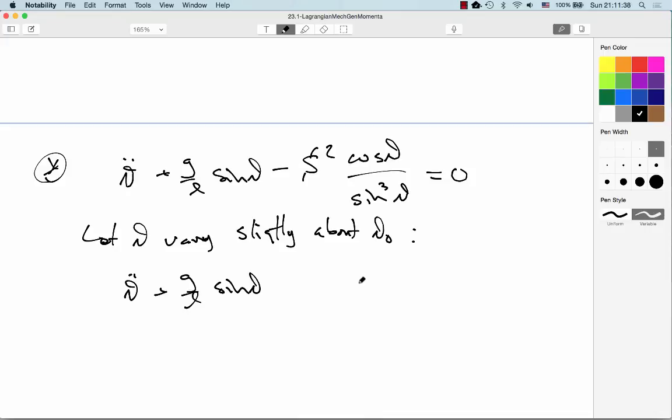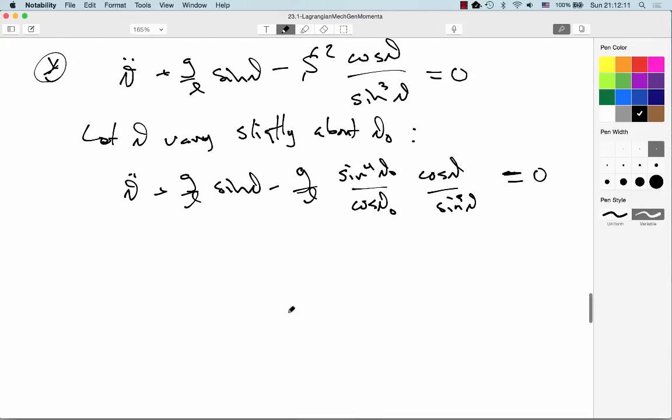Okay. So our s squared is going to give us a g over L, minus g over L sine to the 4 theta naught over cos theta naught. Then we're left with our cos theta over sine cubed theta. And we're demanding that that be equal to 0.